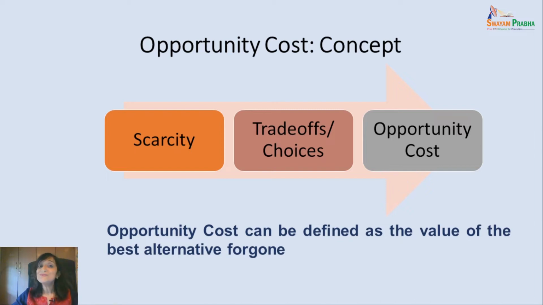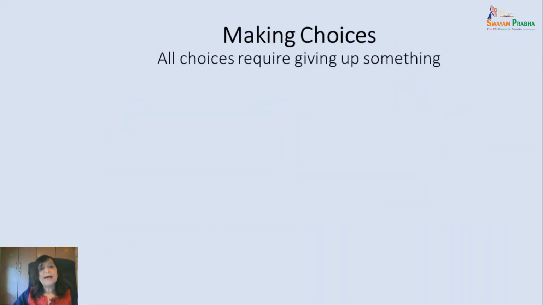So the satisfaction which you may have got by sleeping is foregone. Because you have foregone that satisfaction of sleeping, it will be called opportunity cost. So the best alternative which you forego in order to choose something is called opportunity cost. These examples will make it clear to you what opportunity cost is.